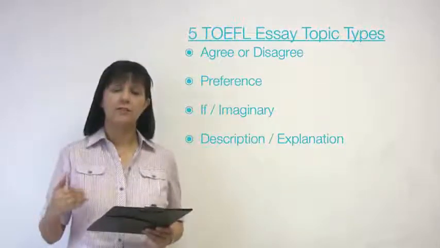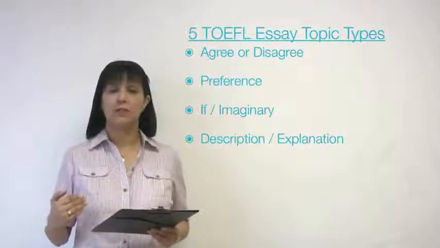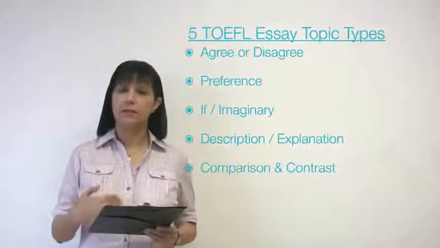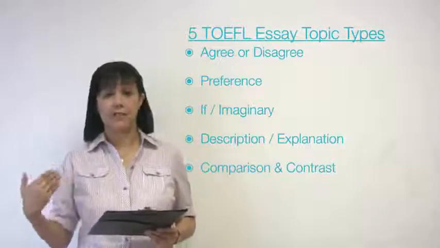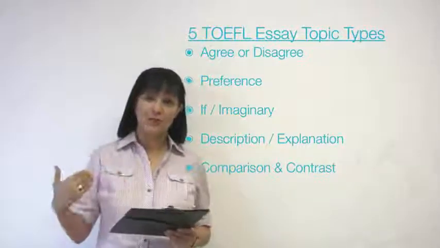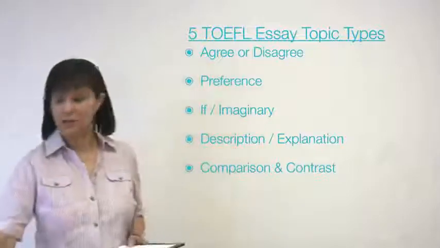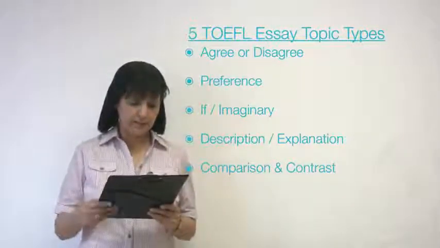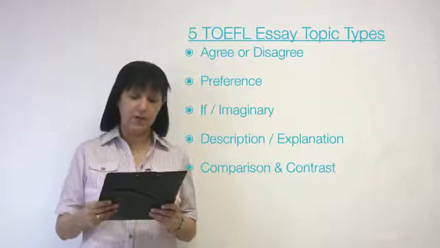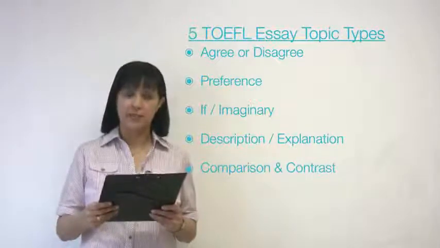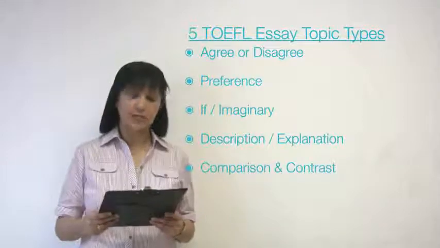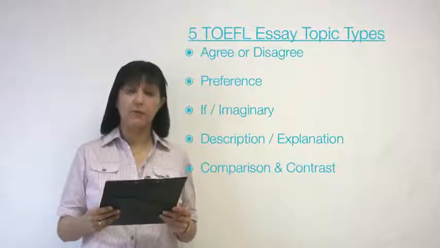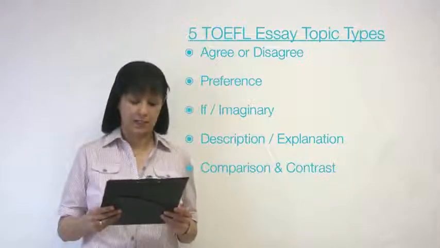The last one is quite different. The last one is a comparison and contrast question. And it's different because you need to write a different type of essay to respond to this. Let me give you an example of this one. Students at universities often have a choice of places to live. They may choose to live in university dormitories, or they may choose to live in apartments in the community.